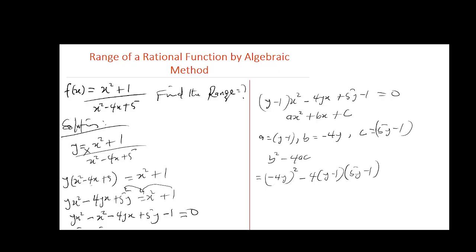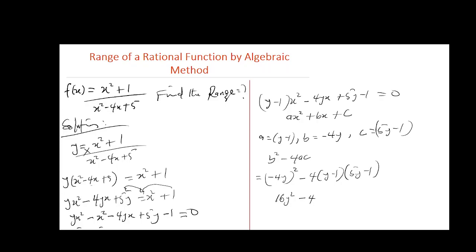So minus 4y squared will give us 16y squared.